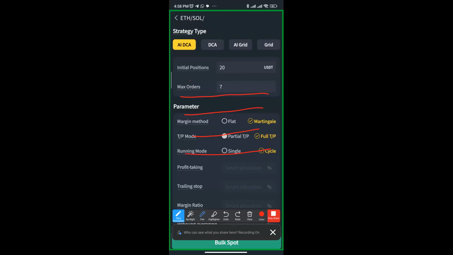So the robot comes here. This is grid 1, grid 2, grid 3, grid 4. The robot takes profit for every grid. So if you're trading BTC on grid, when the market is here, the robot sets a take profit for this particular grid 1. When the market comes down, it will also buy in more, but then it sets another take profit.